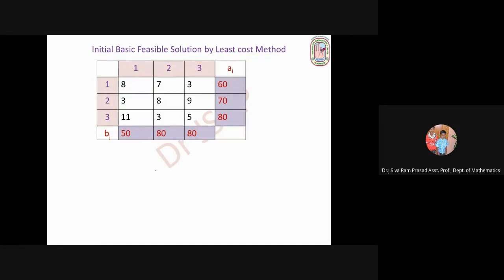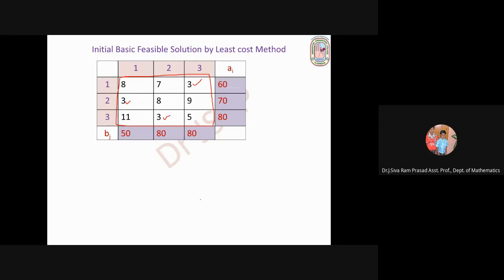Right. So what is the first step here? Identify the least cost cell in the entire table. Okay. So costs are these. So in this entire table, what are least costs? 3 and 3 and 3.